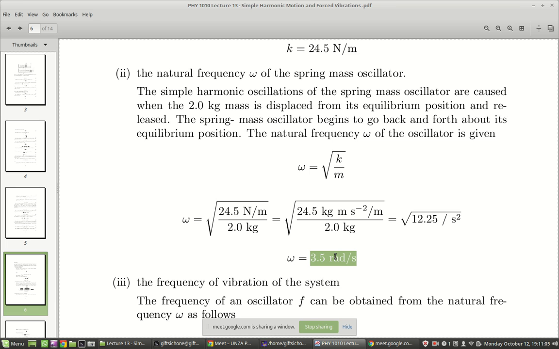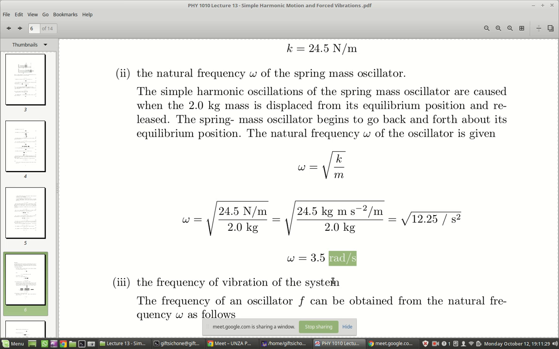Okay? The next bit is the frequency. How do you work out the frequency of vibration? We know that the angular or natural frequency is related to the frequency like this: omega is equal to 2 pi f. Therefore, if you want to find f, we make f the subject of the formula. We get f is equal to omega divided by 2 pi.